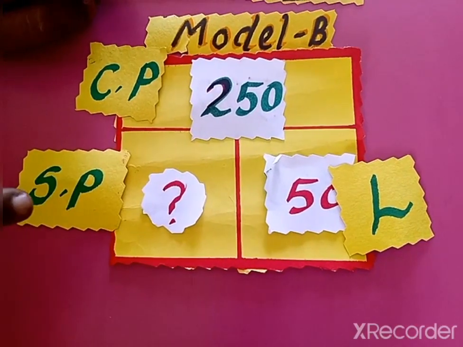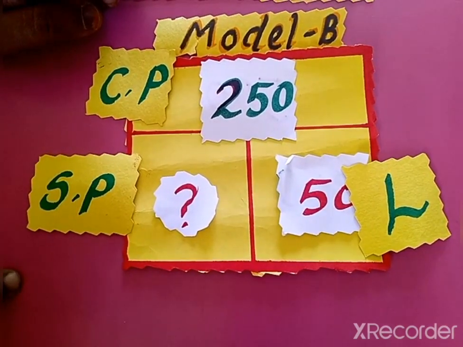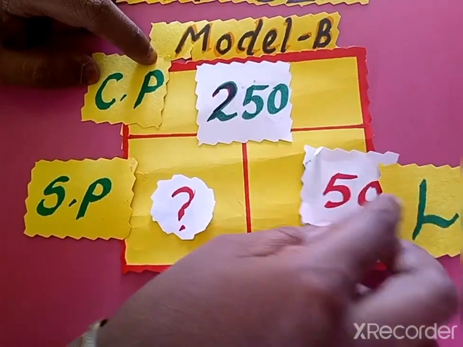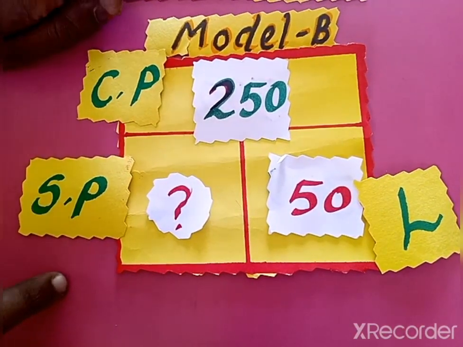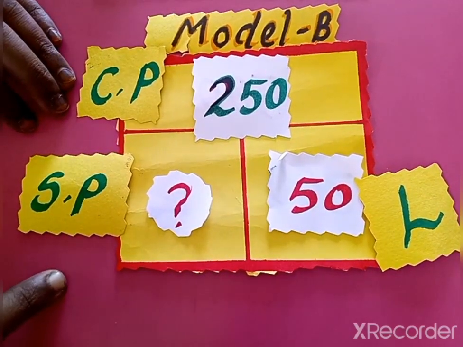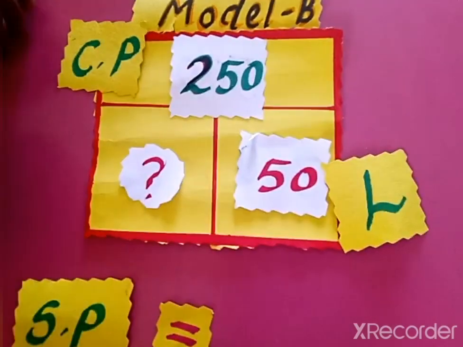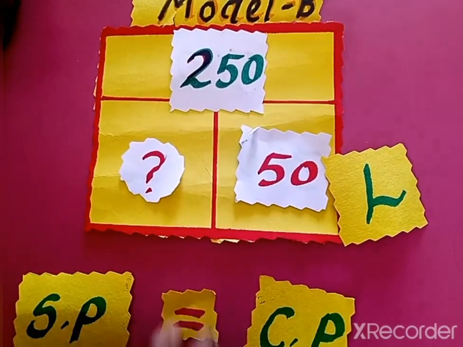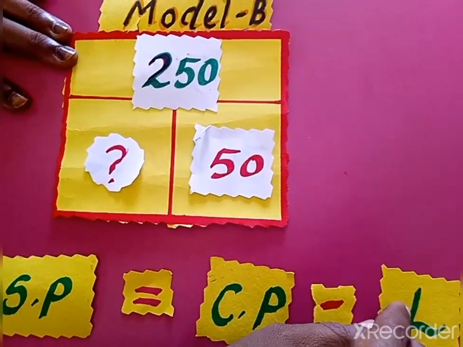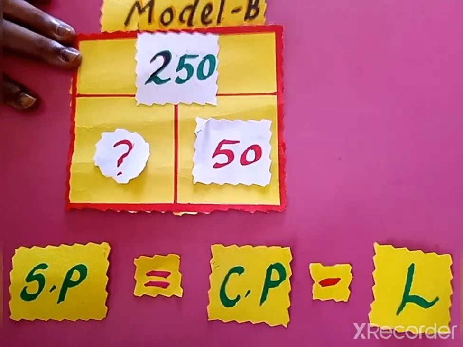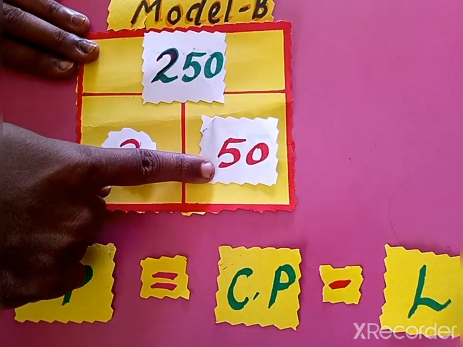Now suppose this is the situation, what to do? Cost price is given, selling price I don't know, but I know my loss amount. So I have to create the formula. What will be the formula to find the selling price in this case? Selling price is equal to cost price minus loss amount. Correct? So it is 250 minus 50.